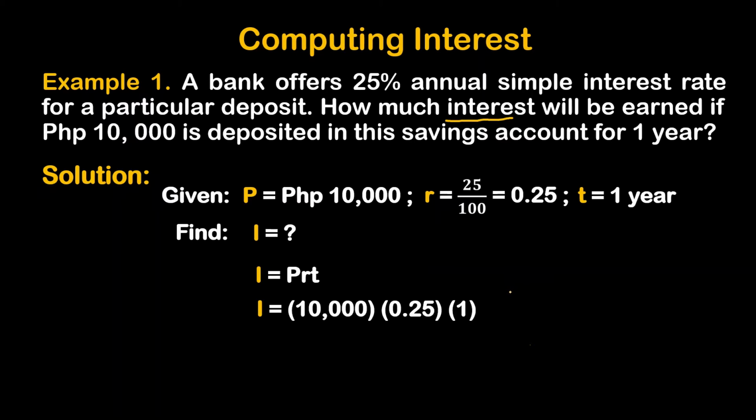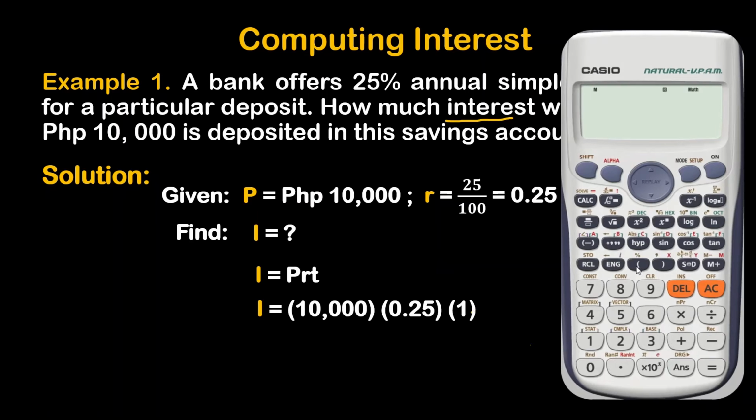Of course, we don't need to calculate this manually, so we plug this into our calculator. We have 10,000 pesos times 0.25 times 1, that is equal to 2,500.